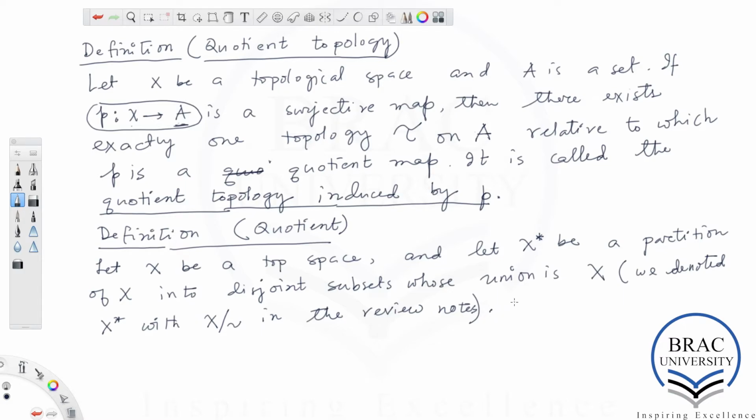This is good. Now let pi from X to X star, which is the partition of X into disjoint subsets, be the surjective map, which is nothing but the canonical projection map.